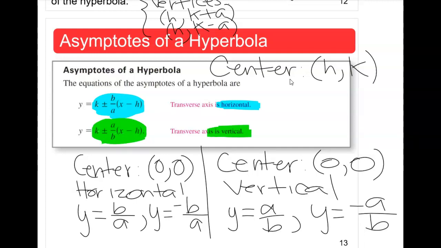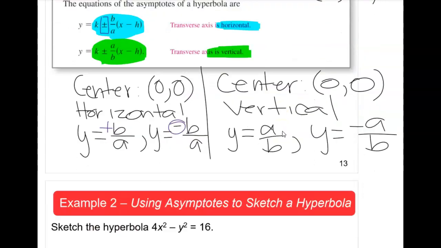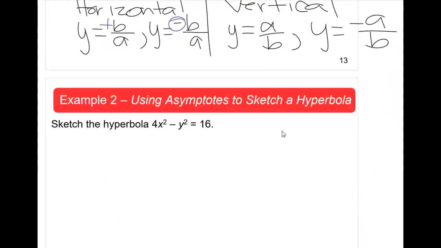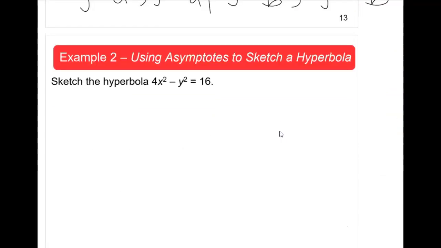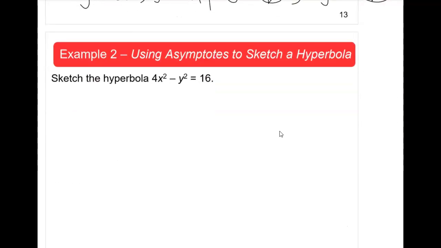Now the plus minus that you see here means that we have one of each, one with a positive sign and one with a negative sign. So it will be two different operations. We're going to find those on the next one, because we're going to sketch the whole hyperbola.